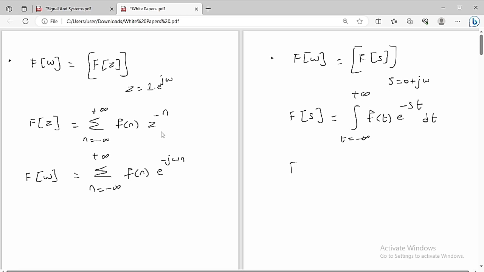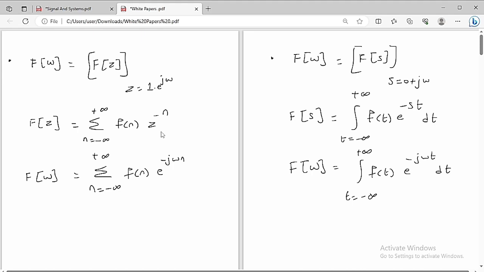So what is the Fourier transform F of omega? For the continuous time Fourier transform, in place of s, if you write j omega, we get the Fourier transform, which is the integral from minus infinity to plus infinity of f of t into e to the power of minus j omega t dt.